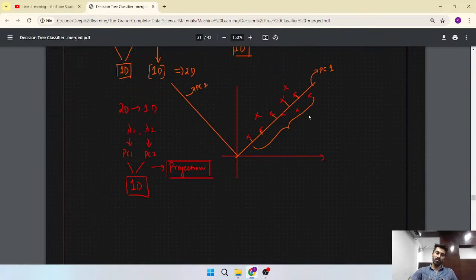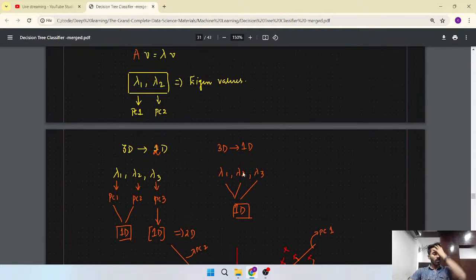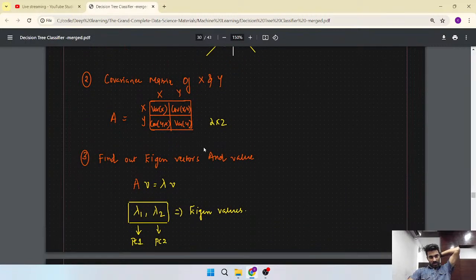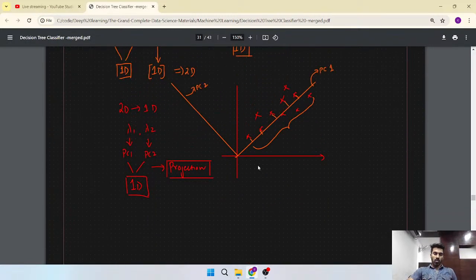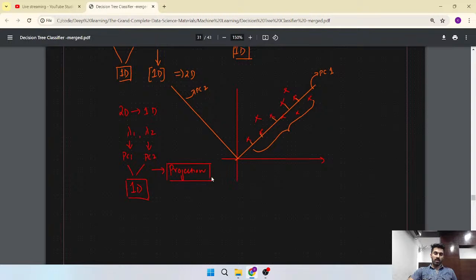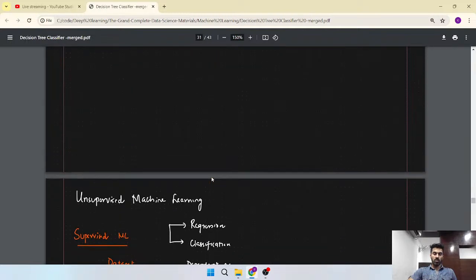Whenever you get higher eigenvalues and higher eigenvector magnitude, you will take that as your dimension, like the best-fit variance, where you get a huge variance. So this is the projection algorithm we have to do.